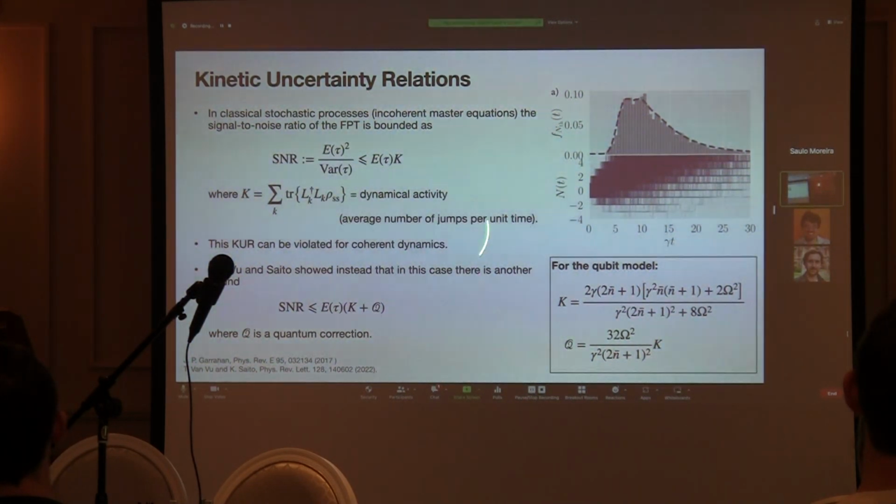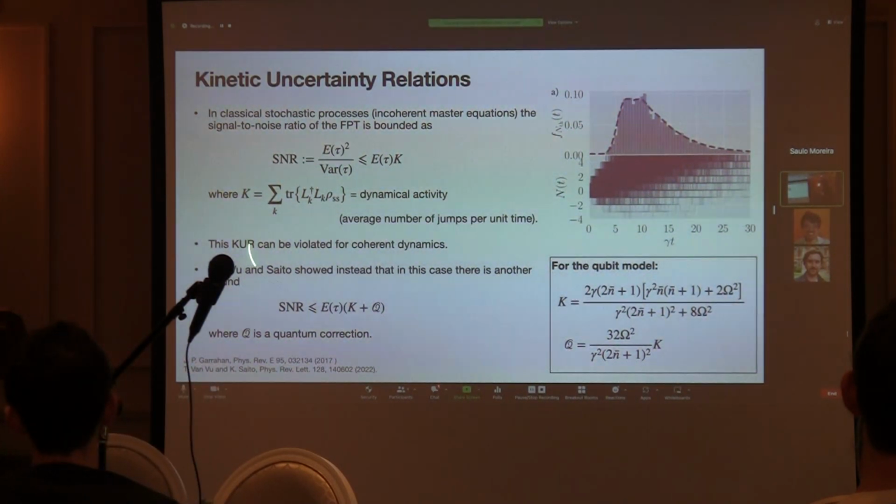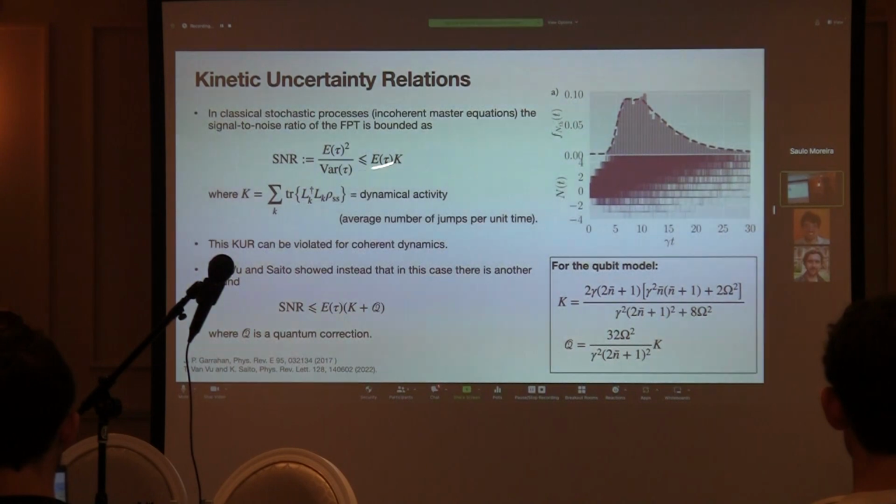This is quite similar to one of the bounds that TiQT presented, but here recast in terms of the first passage time. Essentially, fluctuations in first passage time are related to activity. That's what this bound means.